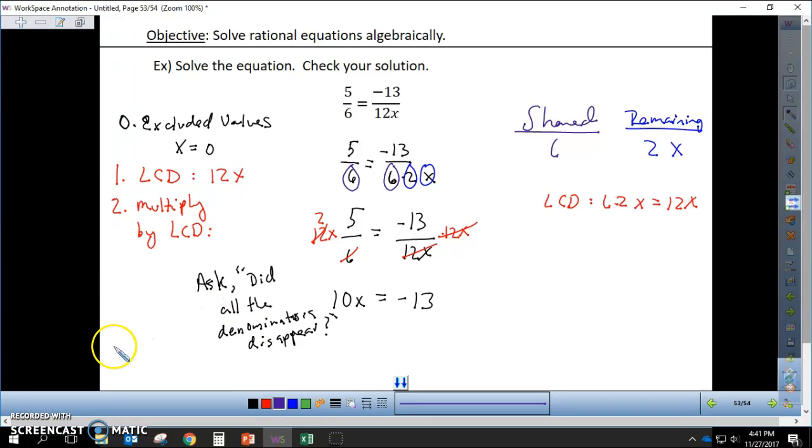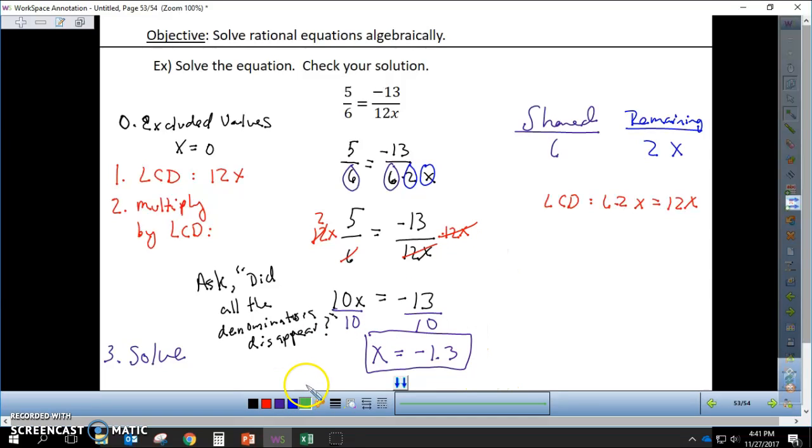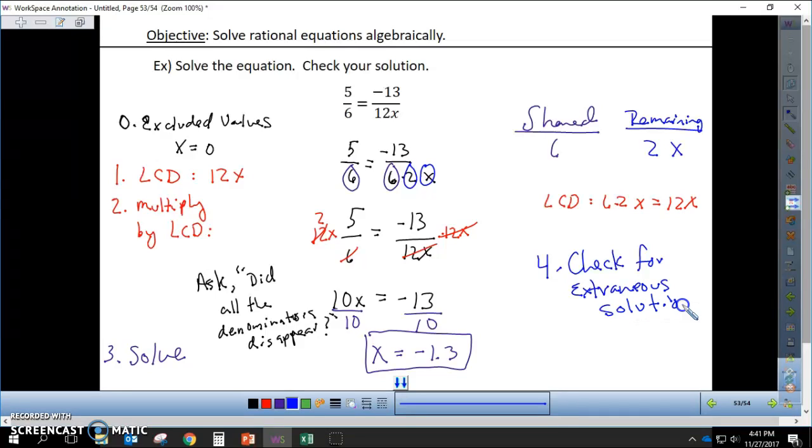And here's step 3. Step 3 is to solve, and I'll write this in purple. So over here, I'm going to divide this by 10, divide this by 10, and we get x is equal to negative 1.3. No calculator needed because I'm a smart cookie. So x equals negative 1.3. That's step 3. Step 4 is to check for extraneous solutions.